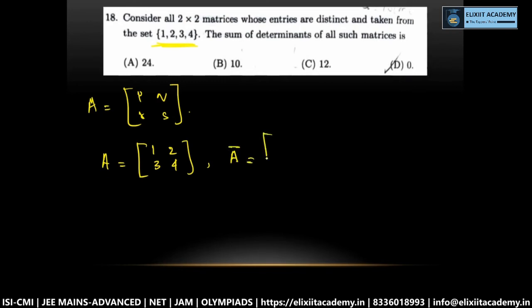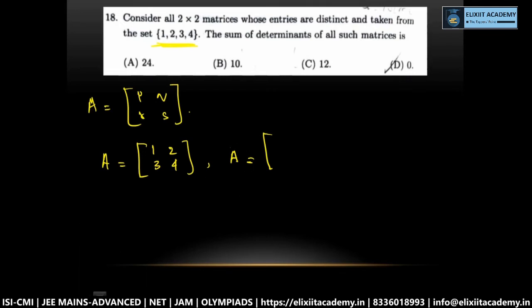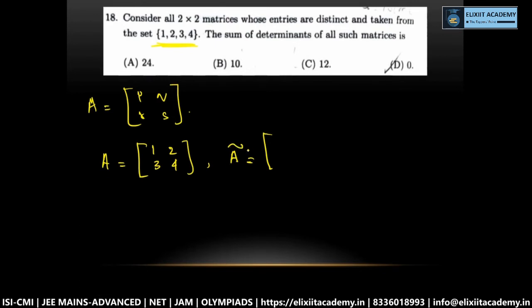Let's say this becomes 2 4 1 3, where we simply interchange the columns. By the property of determinants, the determinant of A is the negative of the determinant of A dash.